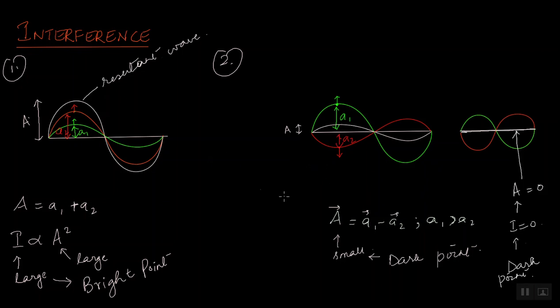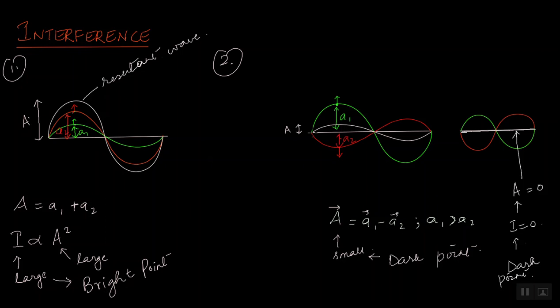So you have to understand this concept very, very nicely. Okay, the interference of light all depends on this concept. Let me just repeat. So basically it depends on how the waves are meeting at a point. If they meet like this, crest of one coinciding with the crest of the other, then in that case the amplitude of the resultant wave will be large. And if the amplitude is large, intensity is large, which means that it is bright. You get a bright point.